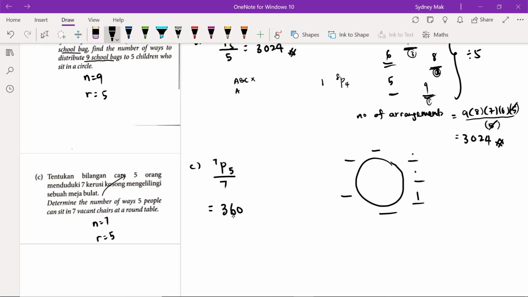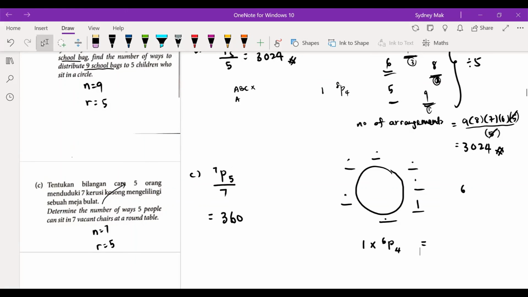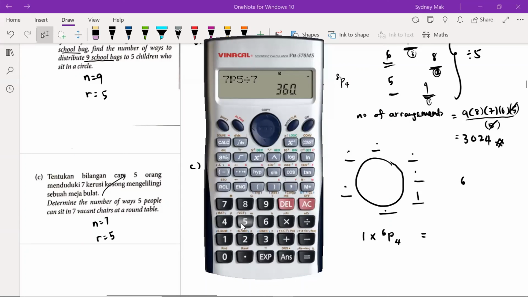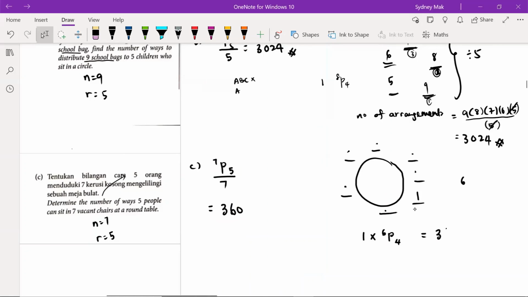Then we're left with 6 empty chairs, and we permute 4 of them, 6P4. This one requires you to have logical thinking if you want to use the fill in the slot method. So we take 1 times 6P4 times 1. We got 360, the same answer.